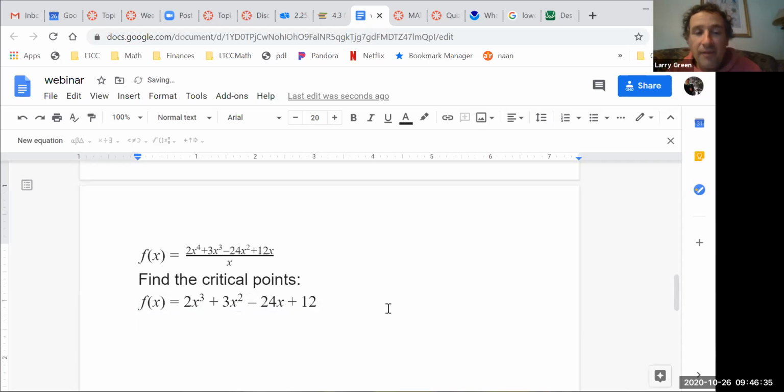What's wrong with that? And then take a derivative and set it equal to 0. Because I just simplified first. Anything wrong with that?